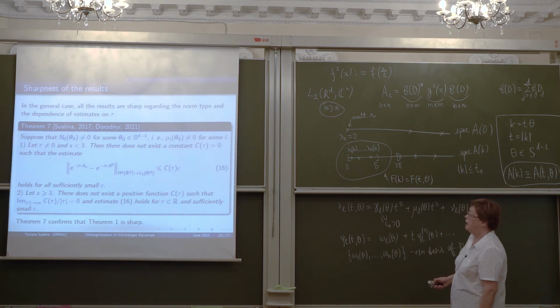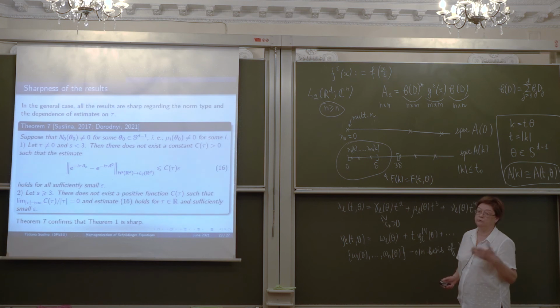Second, suppose that here S is greater or equal than 3. It doesn't help. There does not exist a positive function C of tau growing at infinity slower than tau, such that this estimate holds. It means that we cannot improve the result of theorem 1 with respect to time.